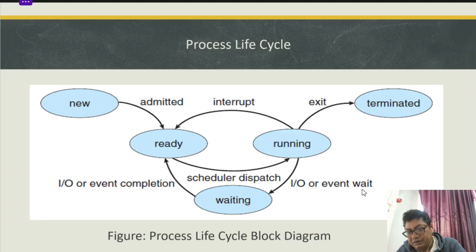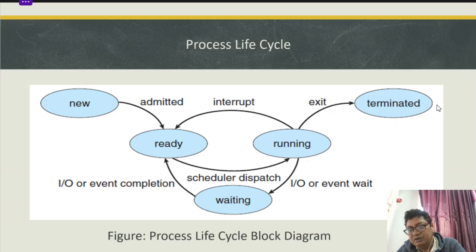IO or event wait. Okay. Whenever it receives the IO value, it cannot go into the running directly. It once again goes to the ready and waits to access the main memory. Okay. And whenever this cycle is completed, then it is simply terminated.